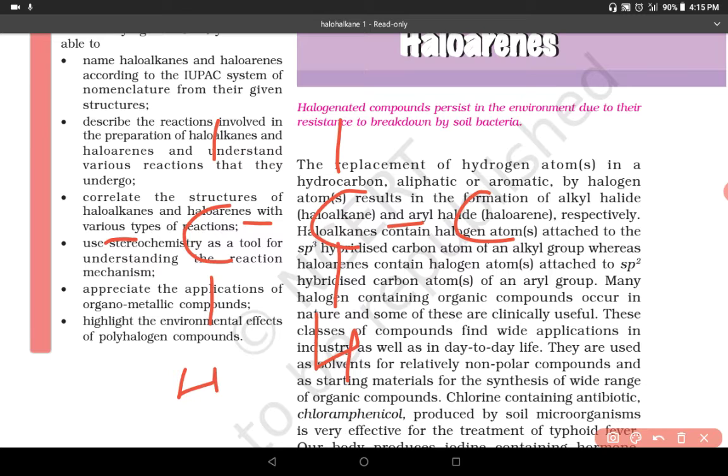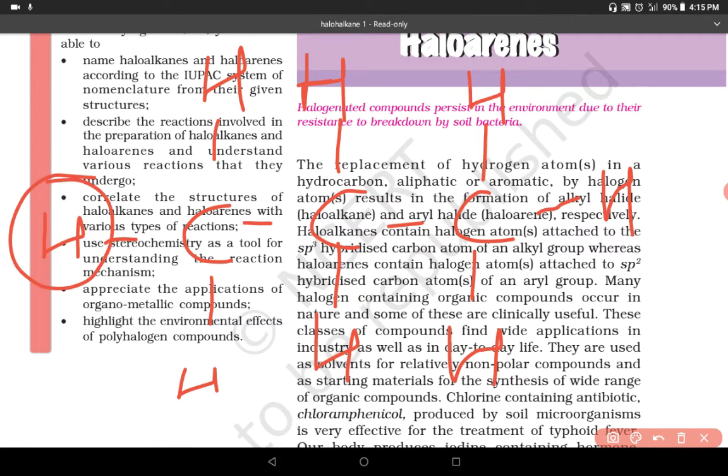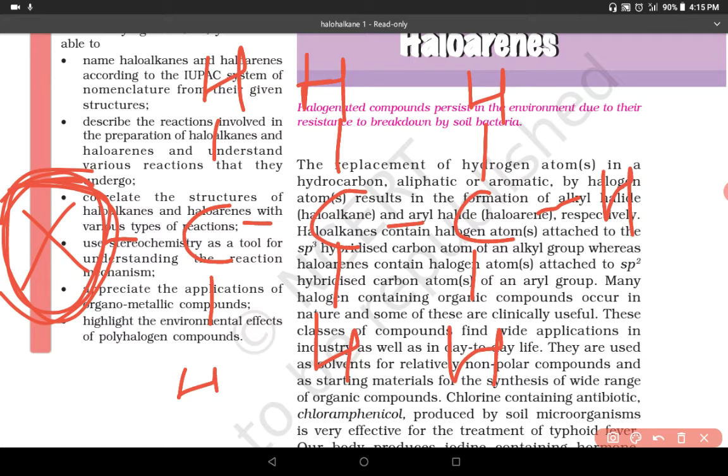If we consider propane, and you want this to be a haloalkane, one of the hydrogens is replaced by a halogen. Yes, this halogen is attached to the sp3 hybridized carbon atom.